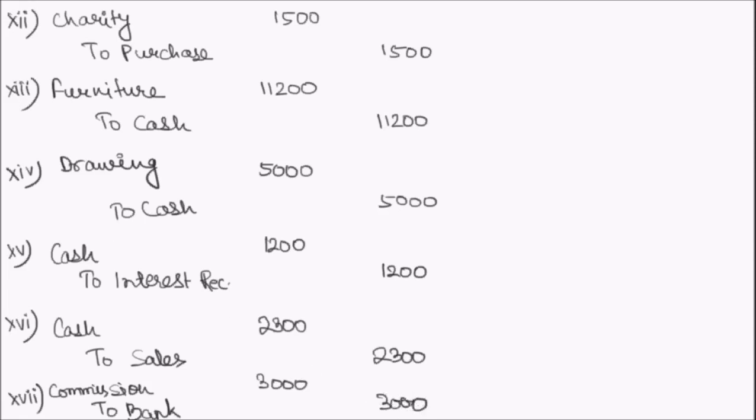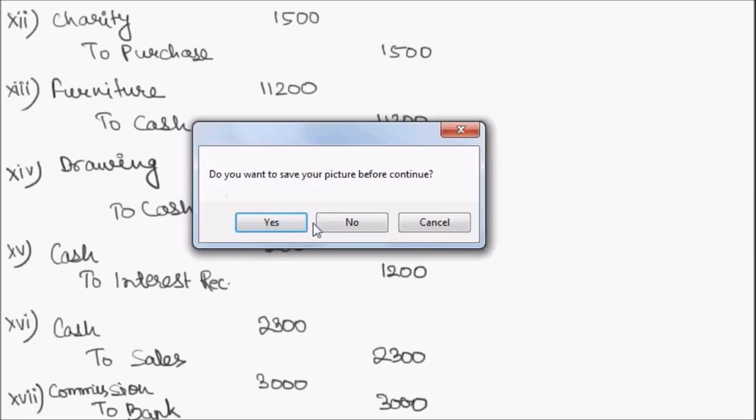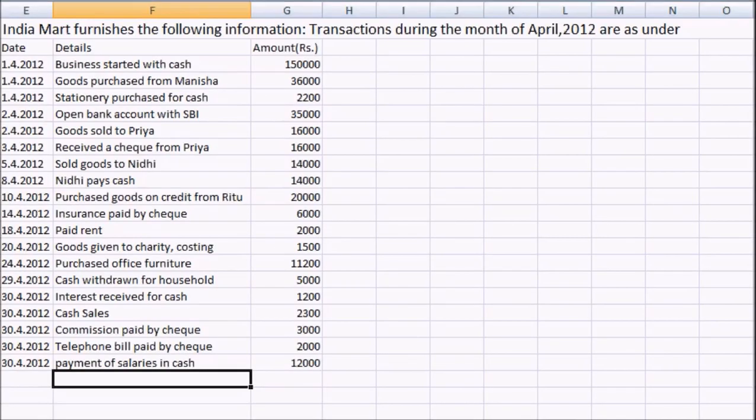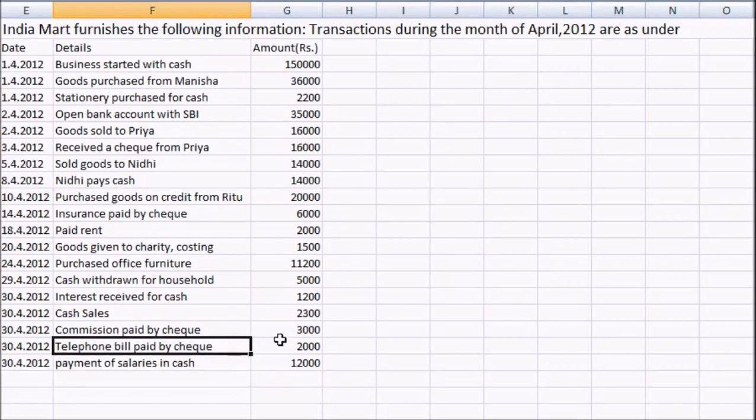Let us use another page now for other transactions. Okay, so we are left with two transactions. Telephone bill paid by check. Now as telephone bill has been paid by check, so one account is bank account and another account telephone bill account, which is an expense.